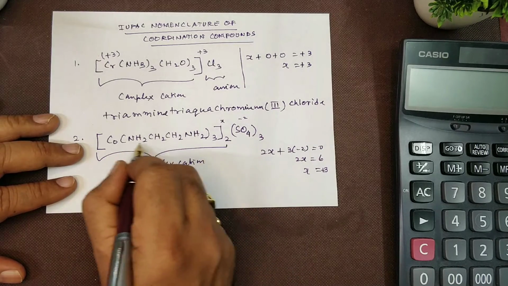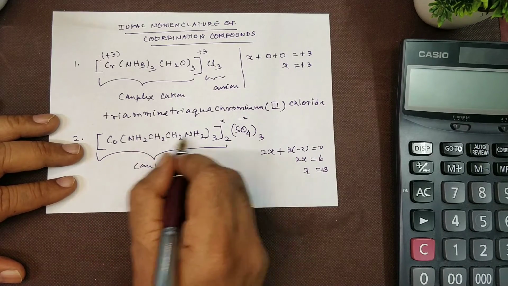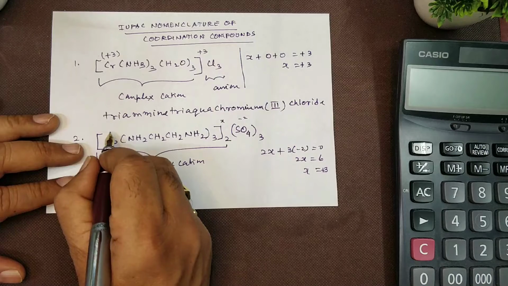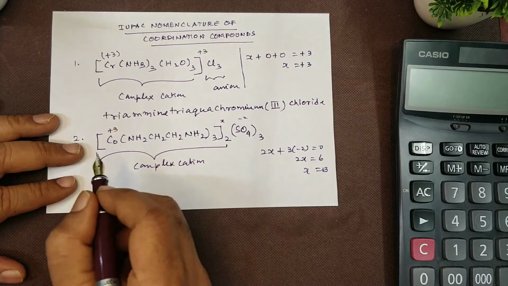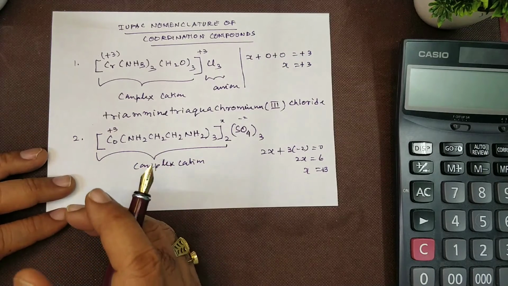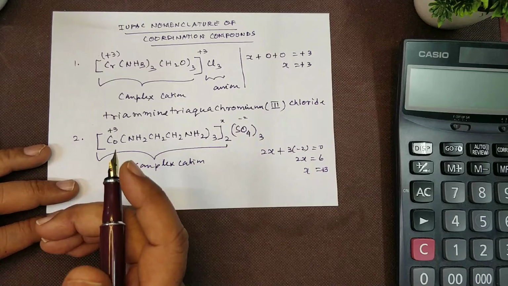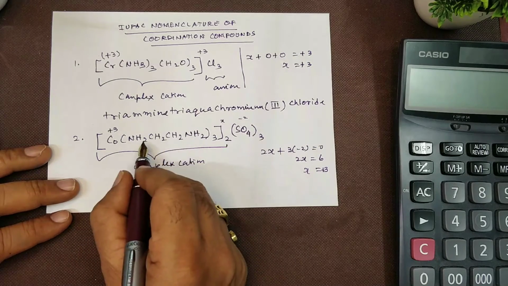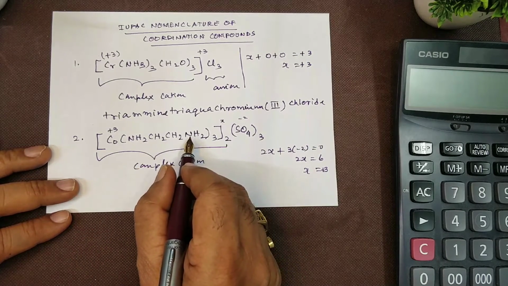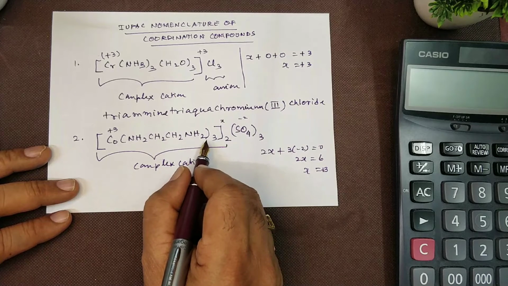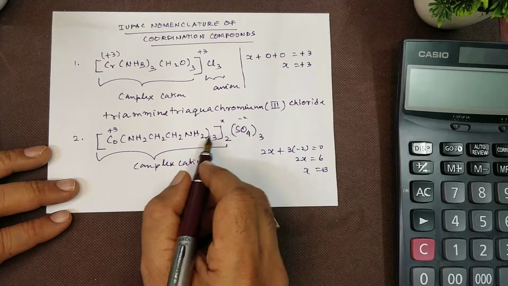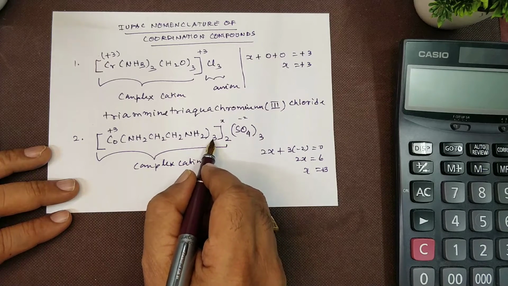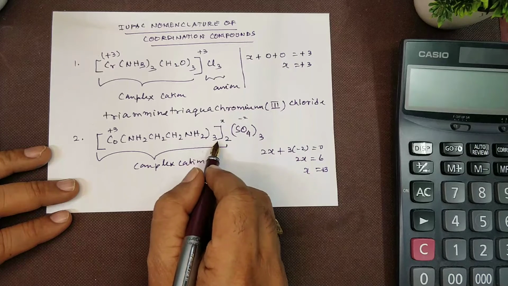And this is a neutral molecule, which is nothing but ethylene diamine. So the cobalt should have plus 3 oxidation state. So it can be represented as Roman numeral 3. Now what about this? This is a bidentate ligand, ethylene diamine. And this should be called tris when there are 3 or 4.